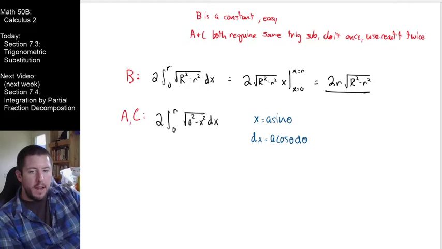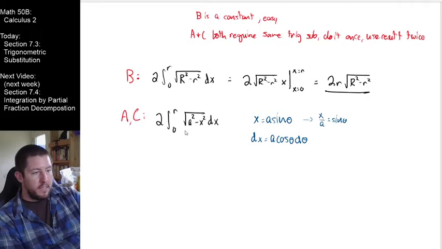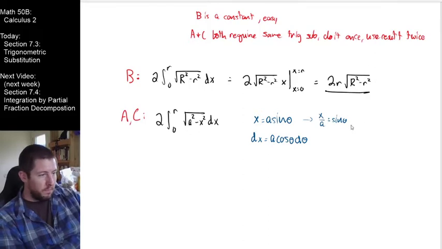Now, another lesson that I learned in the previous problem is I also want to convert my bounds of integration into their new variable that we're going to be using here. So I'm thinking to myself, this says to me that x over a is sine theta. Notice here, if x is 0, we'll do the easy one first.